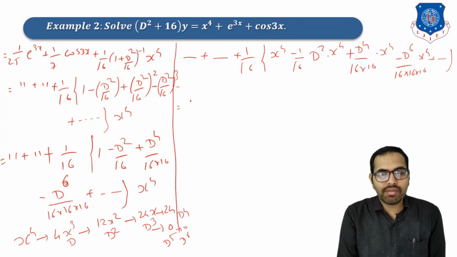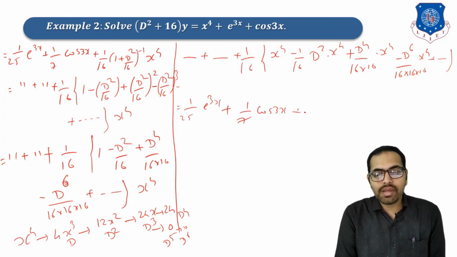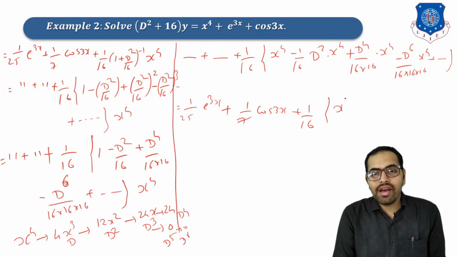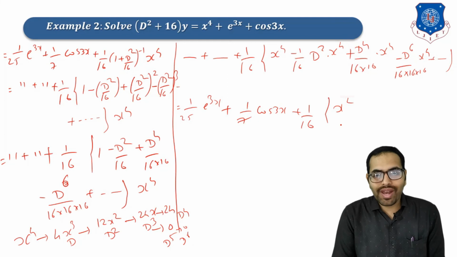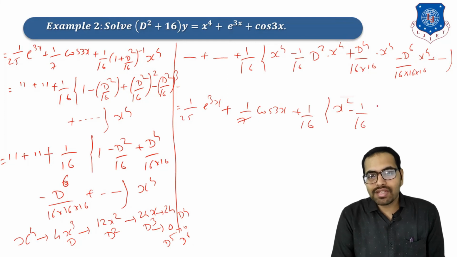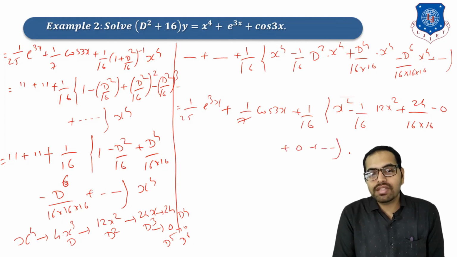Now the first and second terms are kept as they are, that is 1 by 25 e raised to 3x plus 1 by 7 cos 3x plus 1 by 16 x square. Two times the derivative of x raised to 4, that is 12x square, then minus 1 by 16 into 12x square. Four times the derivative of that particular term is 24 divided by 16 into 16. Six times the derivative is obviously 0, and the above terms are 0.